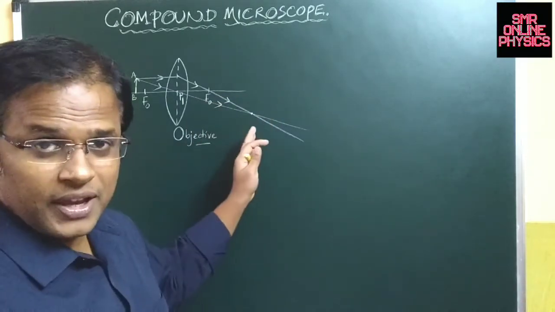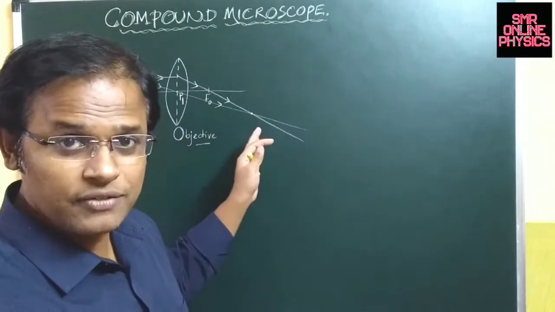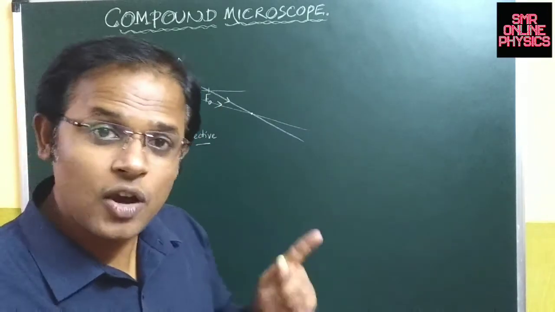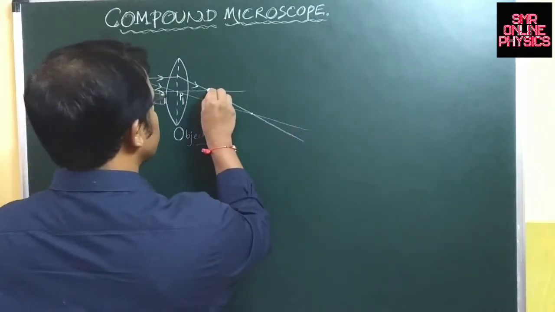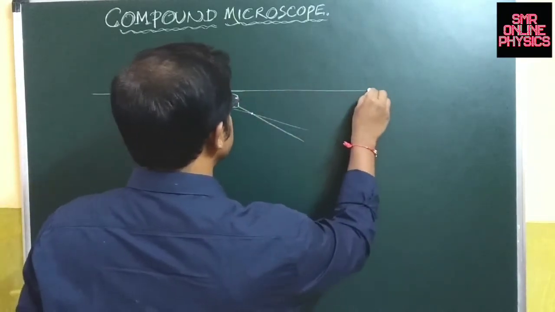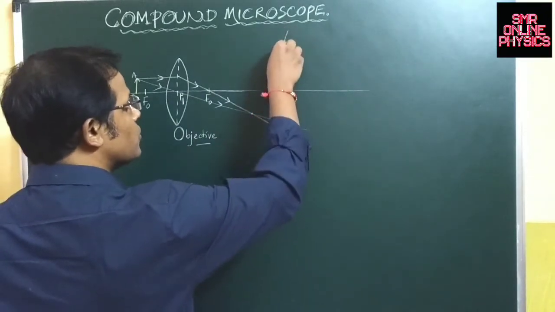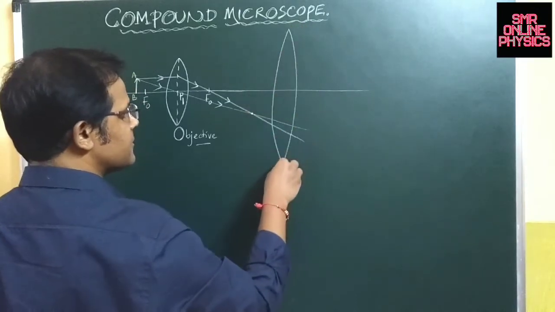Now this image will become an object. It's a real, inverted, magnified image of this object formed by this lens. Now this is going to act as an object for your second lens. So where is the second lens? That's coming up, placed at a certain distance with a lot of good calculations done. So yes, let us say this is the next lens.